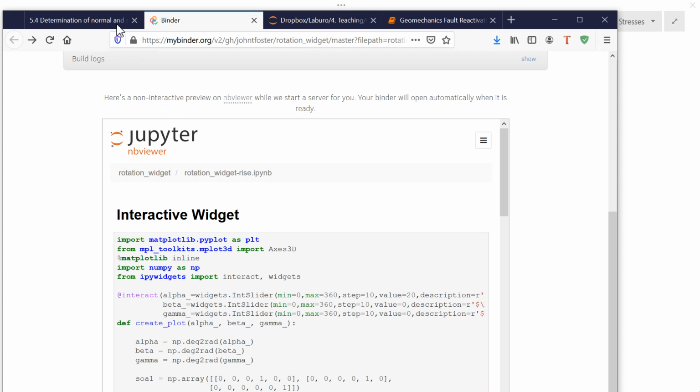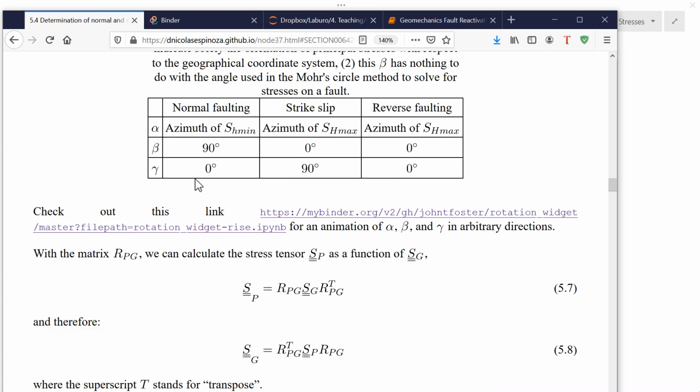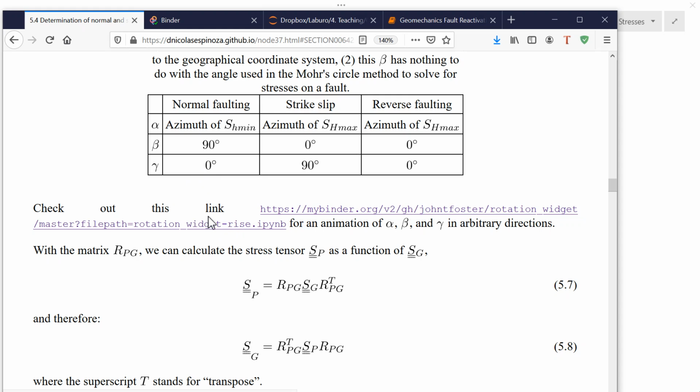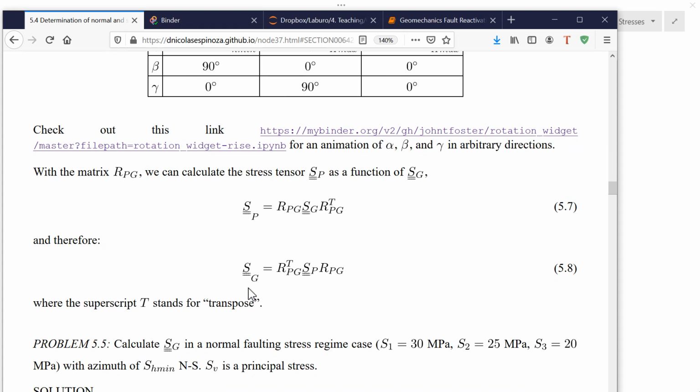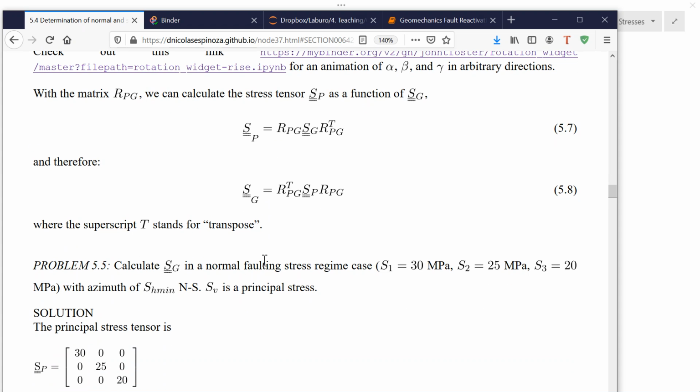This is building, and we're going to see what is the meaning of this alpha, beta, and gamma. But at the end of the day, what I want to do is just to obtain this matrix or tensor in the geographical coordinate system.